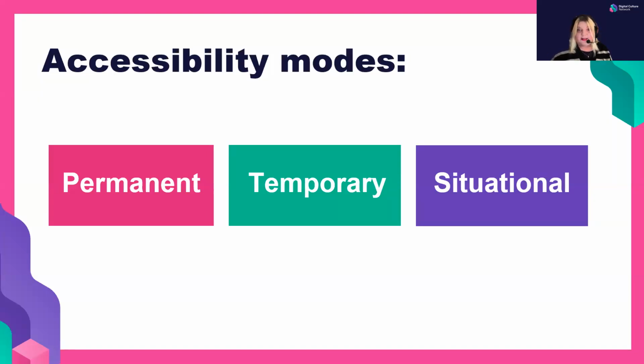Examples of this can include a broken arm or tiredness. And then there's situational accessibility considerations that are due to the situation that you find yourself in. And these can be things like slow internet, screen glare, or a noisy room, that type of thing.